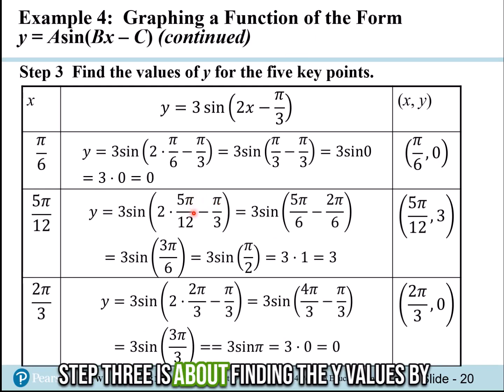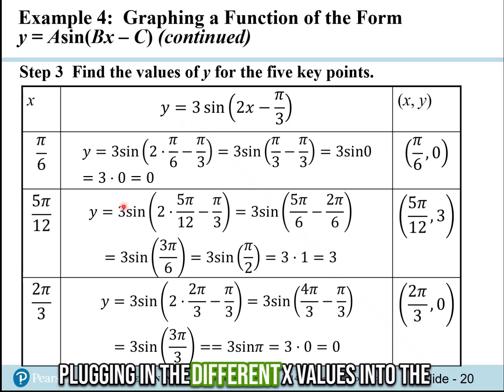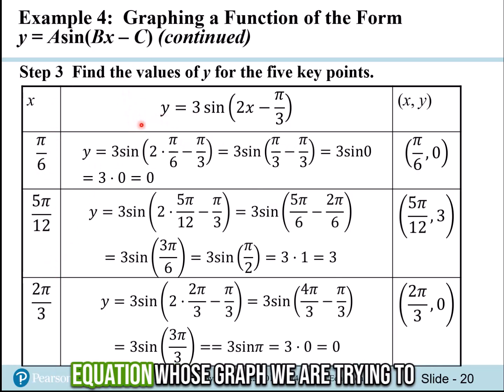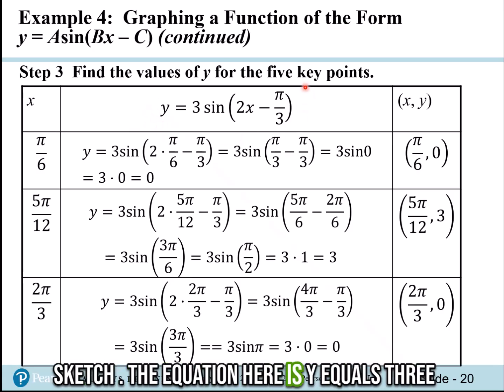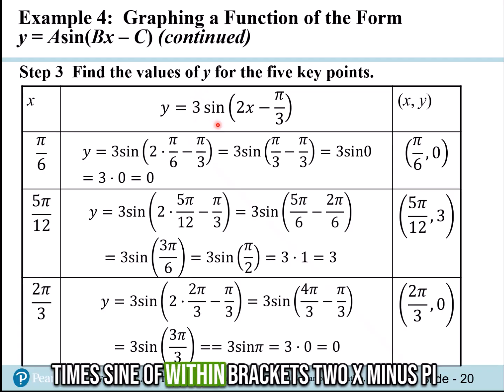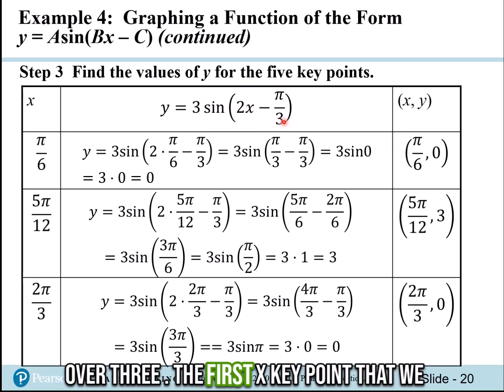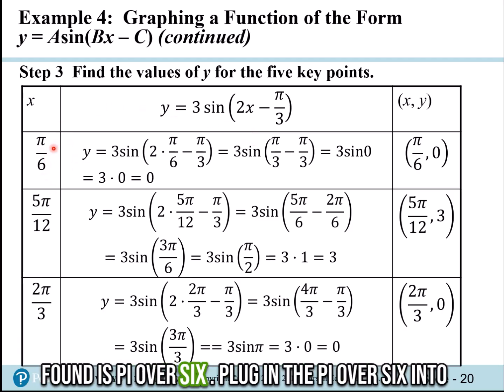Step 3 is about finding the y values by plugging in the different x values into the equation whose graph we are trying to sketch. The equation here is y equals 3 times sine of, within brackets, 2x minus pi over 3. The first x key point that we found is pi over 6.